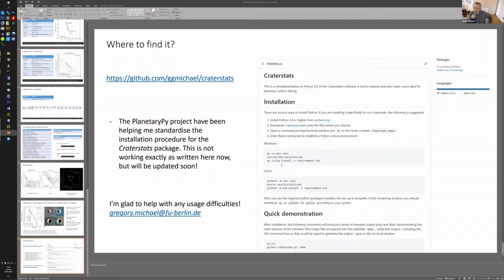And this is an interesting way of looking at the ages of very young surfaces, because very small craters degrade rather quickly. So you can also try to measure age by looking at the rate of removal of extremely small craters.